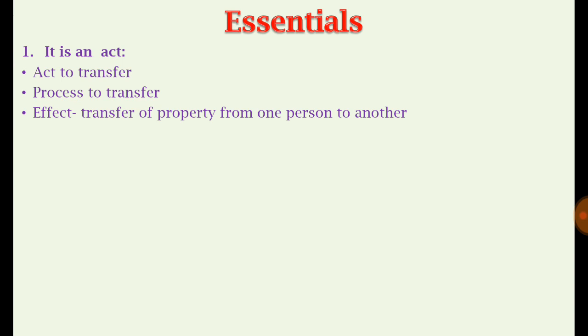Then it is a process of transfer. For example, when A wants to transfer his property to B, the process through which they complete the transaction is called the transfer of property, and the effect of that act is the transfer of property from one person to another person.